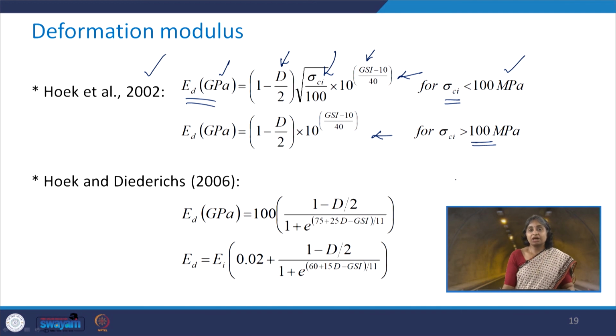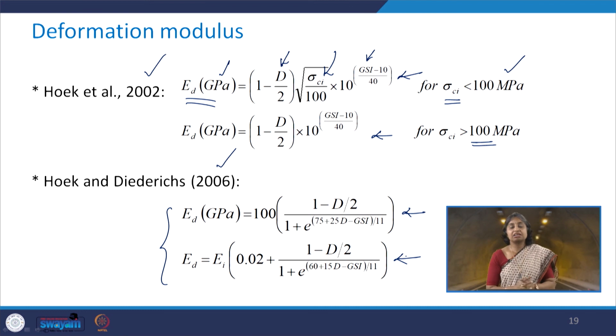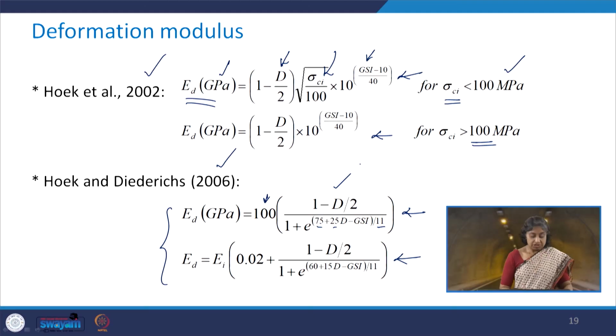Then a few more expressions were given by a similar set of authors in 2006. Again, all are empirical correlations, because you can see that many numbers are there: 100, 75, 25, 11. All these have been obtained from experimental data, and hence you have empirical correlations.